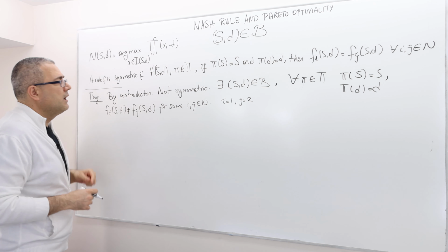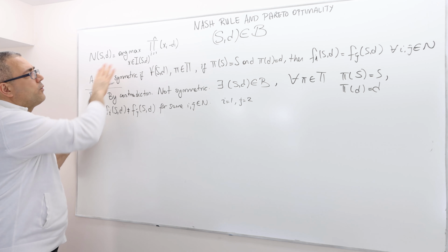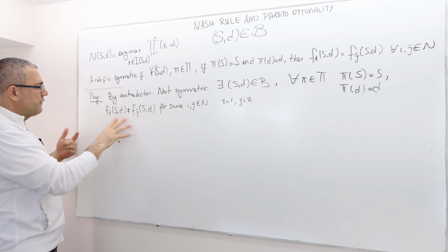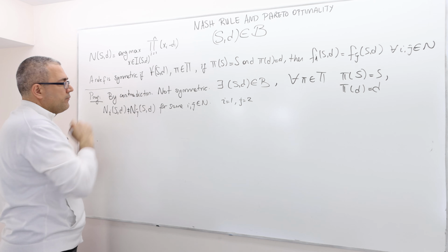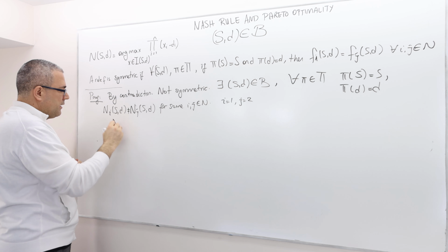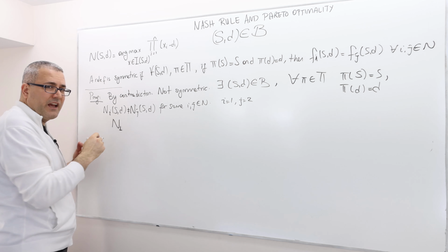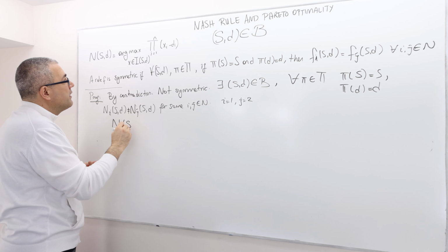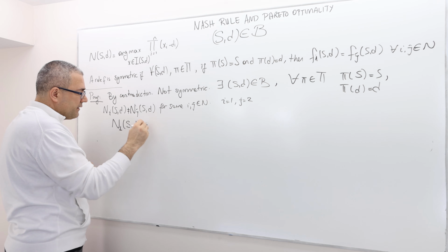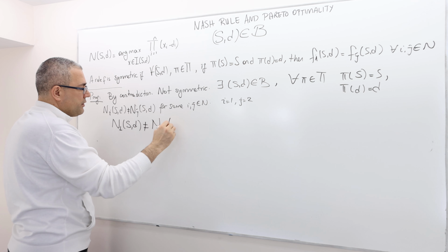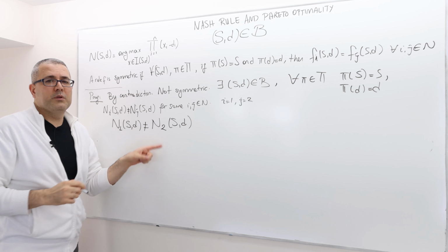So what does that mean? By the way, I'm looking for the Nash solution, so my rule is Nash. So let's use the notation N. That means the Nash payoff for player 1 on the bargaining problem (S, D) is different than the Nash payoff for player 2.